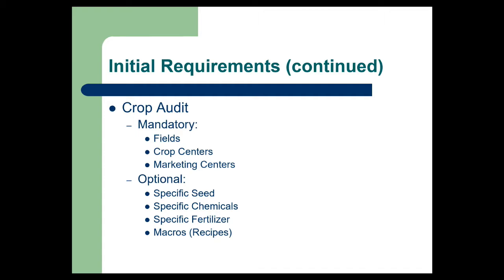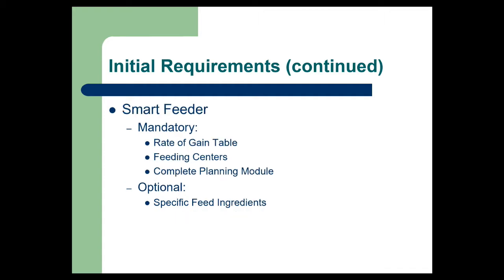You can use that as a budgeting concept, and you can have crop macros or recipes, which makes budgeting a lot faster. Some of the things that are optional for crop audit and smart feeder are mandatory for budgeting. So the rate of gain table, if you're going to project out gains and sales and complete, using the planning module function.